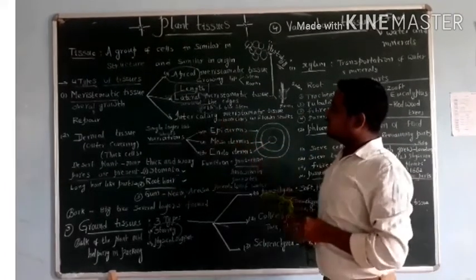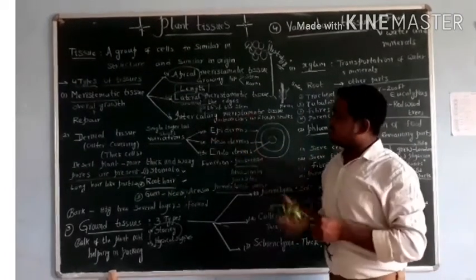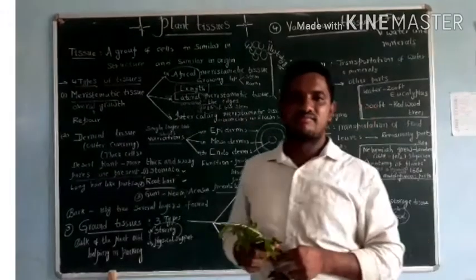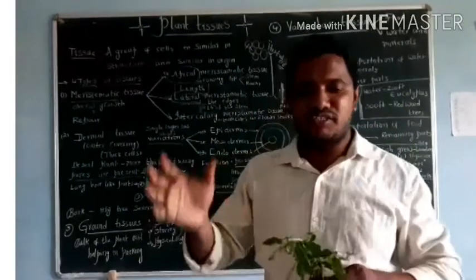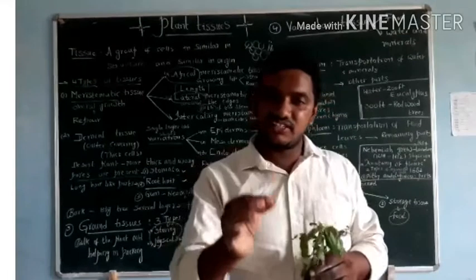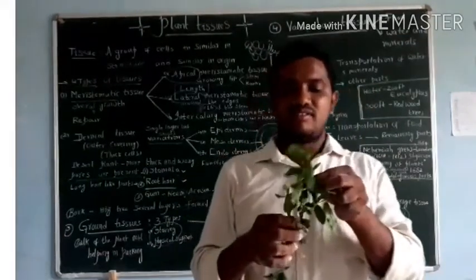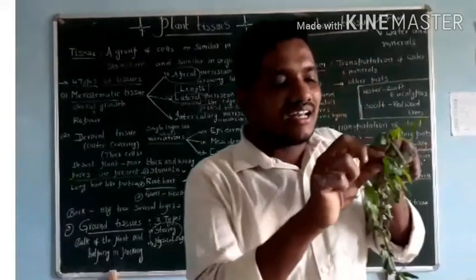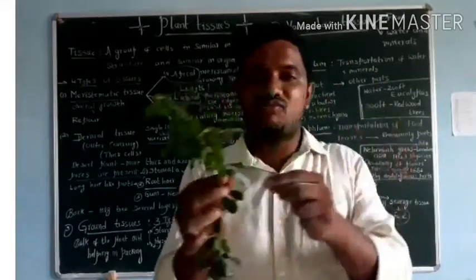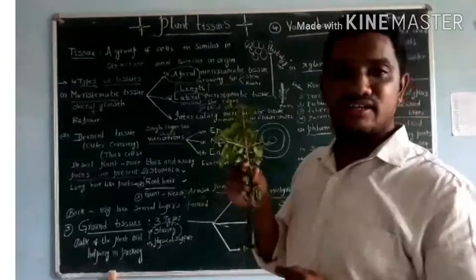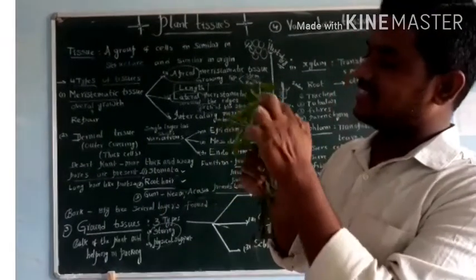Next one is intercalary meristematic tissues. What are intercalary meristematic tissues? These tissues are present where flower stalks or branches are arranged. For example, this is a plant and these are the branches.